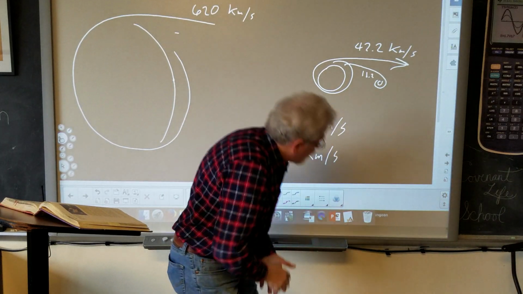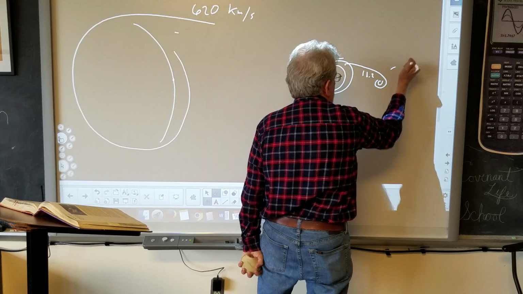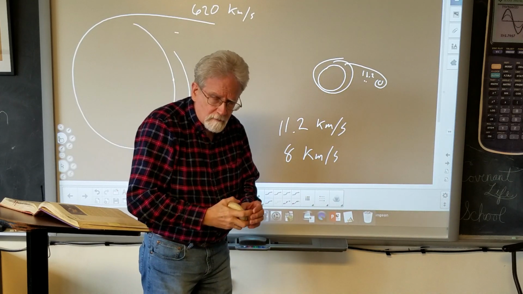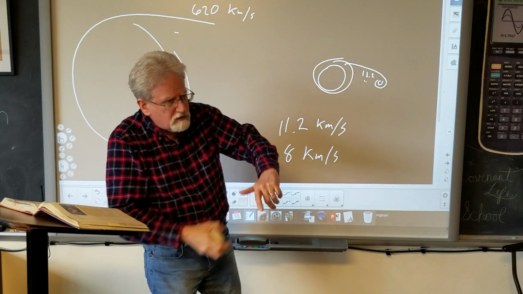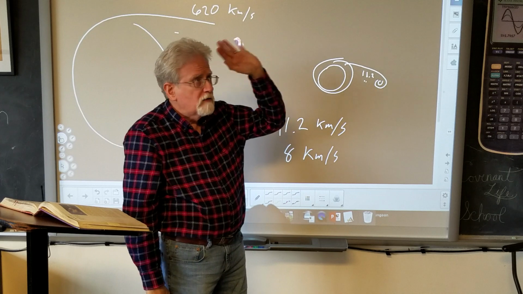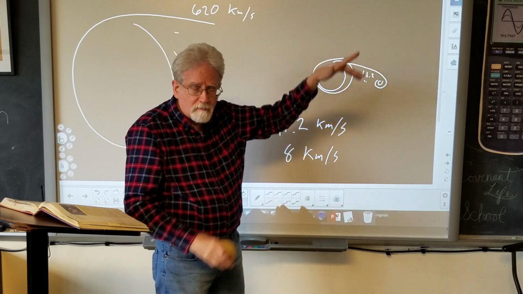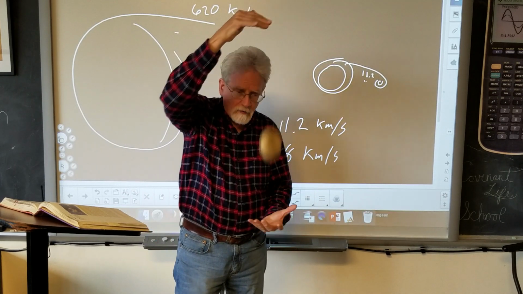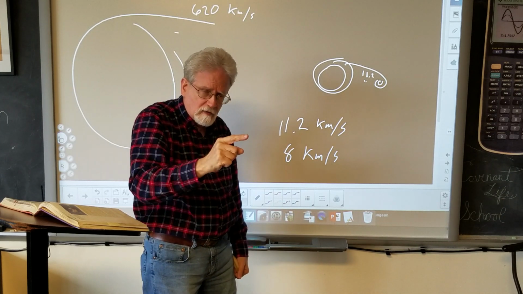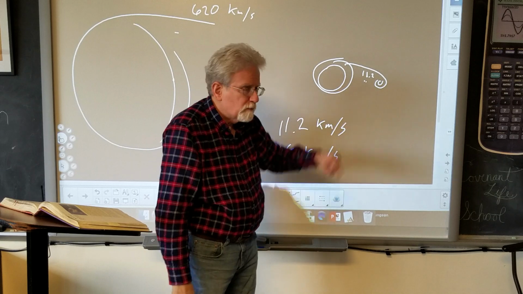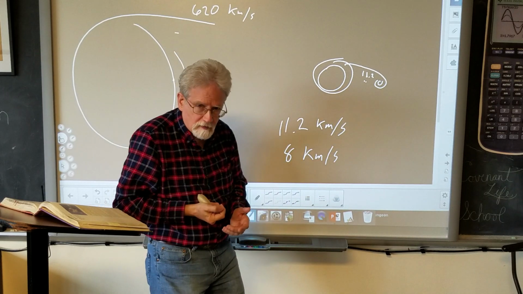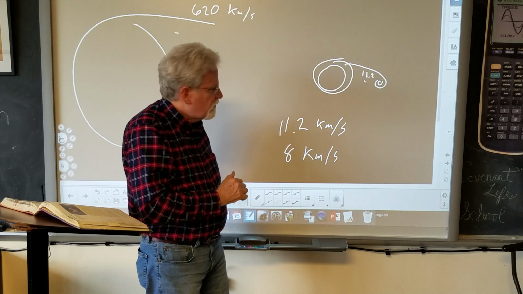If it takes 11.2 kilometers per second to get this bag to escape Earth, then if I were to go out to Pluto or whatever and drop it back to the Earth, the maximum possible speed that it could hit would be 11.2, the reverse of escape velocity.